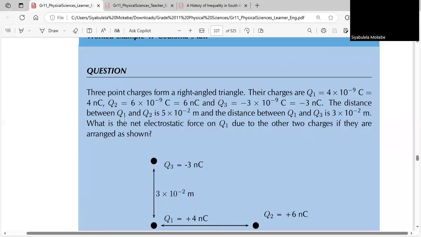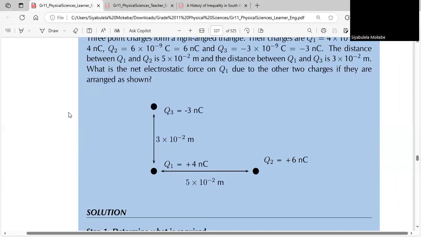Their distances are given. Now, what we're trying to find is the net electrostatic force on Q1 due to the other two charges if they are arranged as shown. So if they are arranged this way.